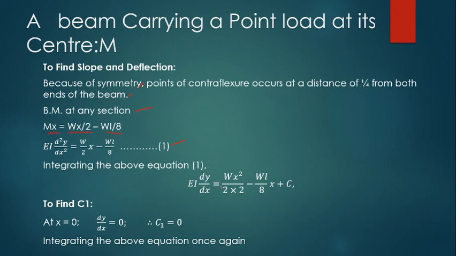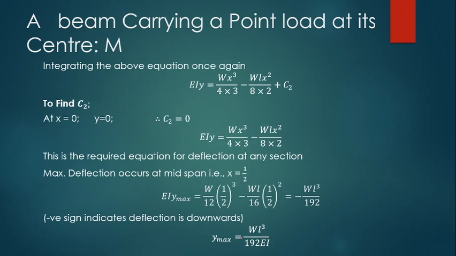Similarly, we integrate the equation again, and now you get EIy as an equation with C1 x and C2. C1 and C2 are integration constants that can be determined by applying boundary conditions, like at x is equal to 0, dy by dx is 0, and at x is equal to 0, y is equal to 0.